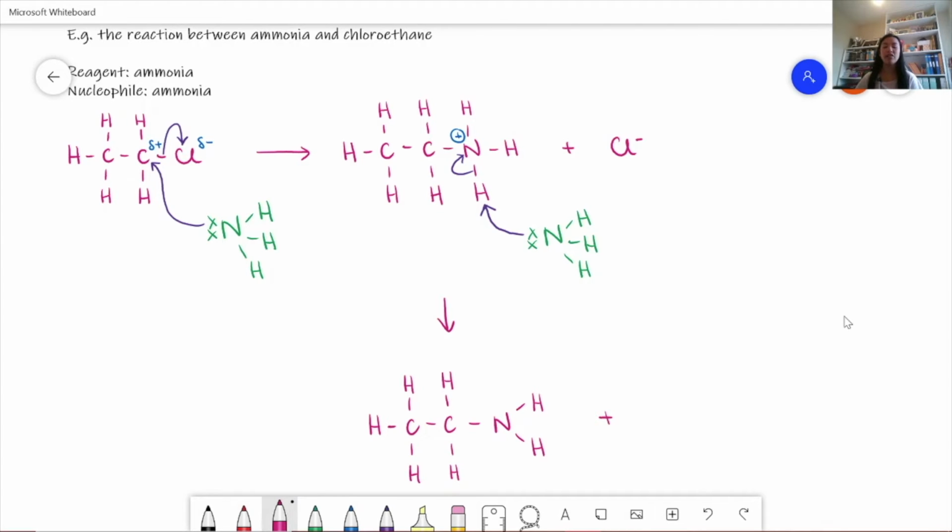That's become an NH4+. And so this NH4+ then reacts with Cl- to form NH4Cl. So this has come from the NH4+ reacting with the Cl-.